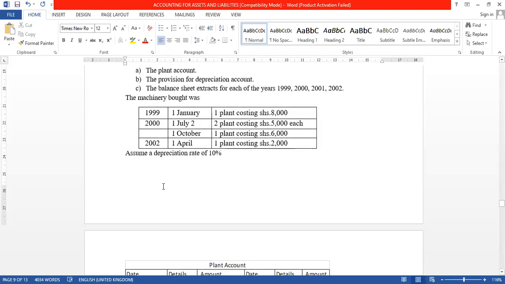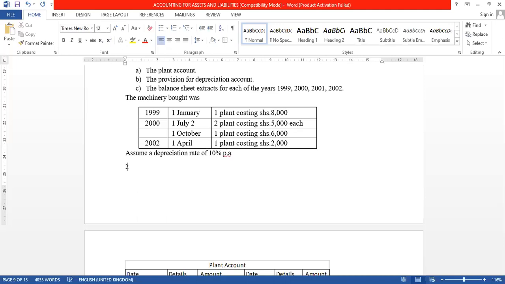This is because in a normal situation, depreciation is given as a percentage per annum, right? Per annum, or PA, means per year. Every year. Now, what is very important for us to note here?